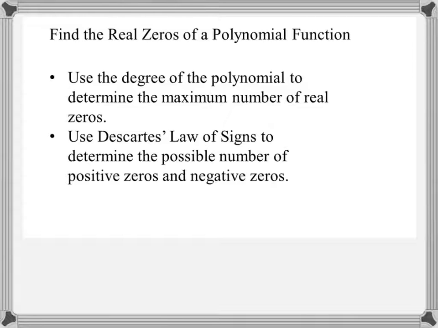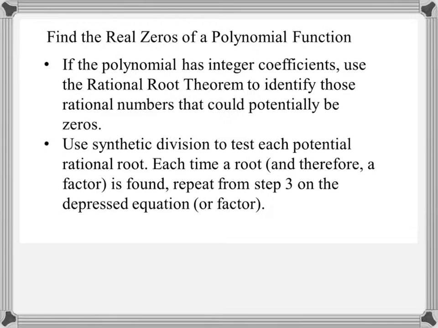So now we'll actually look at finding the real zeros of a polynomial function. And we'll go through a series of steps. We will use the degree of the polynomial to determine the maximum number of real zeros. We'll use Descartes' law of signs to determine the possible number of positive zeros and negative zeros.